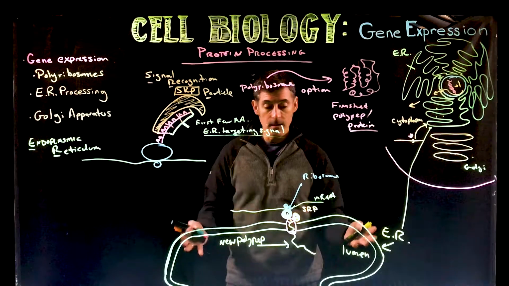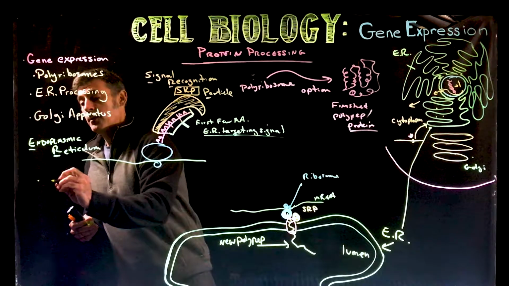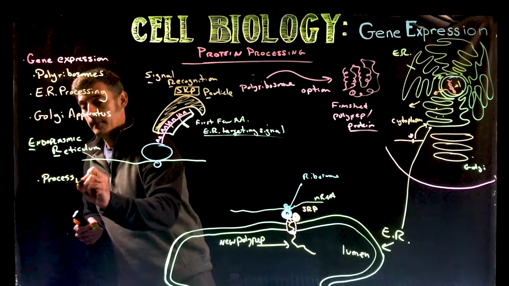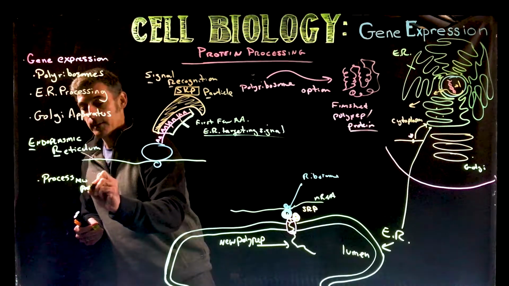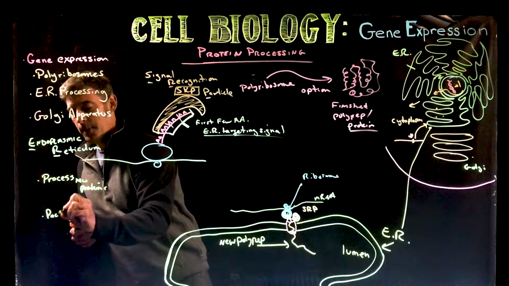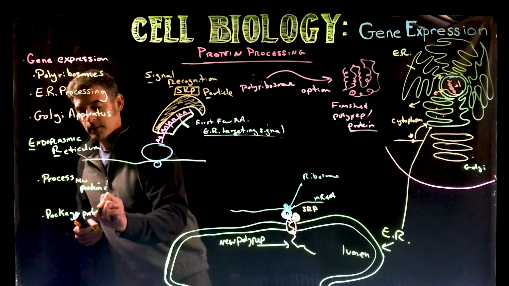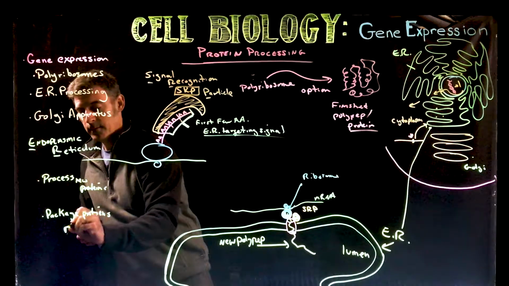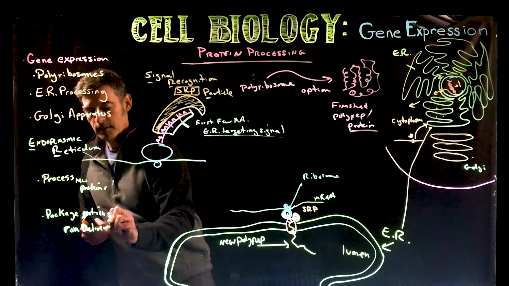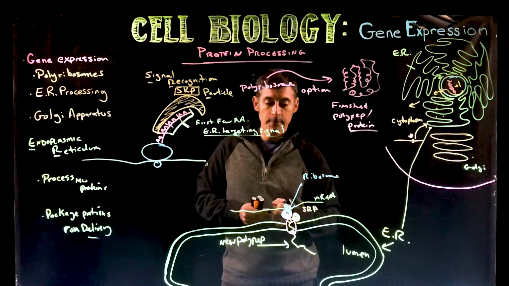So one of the jobs of the ER is to process new proteins. We'll talk about that in a second. The other is to package proteins for delivery. They're going to be delivered to the final location, and some of that is going to happen here in the ER as well.